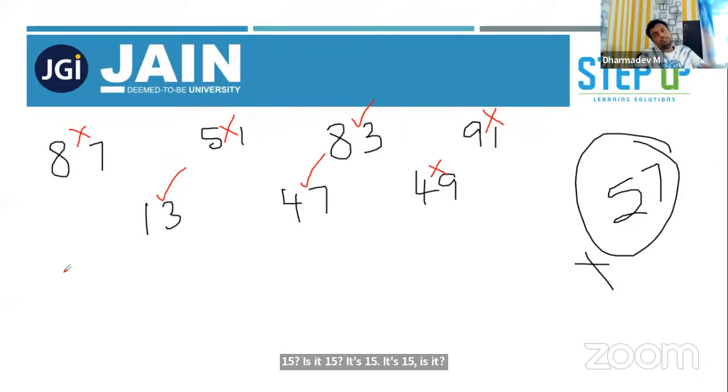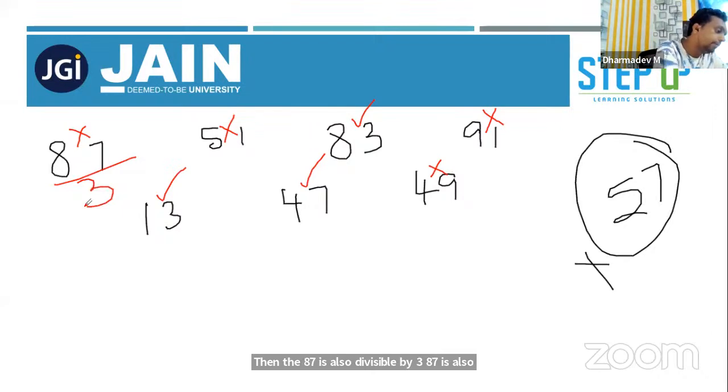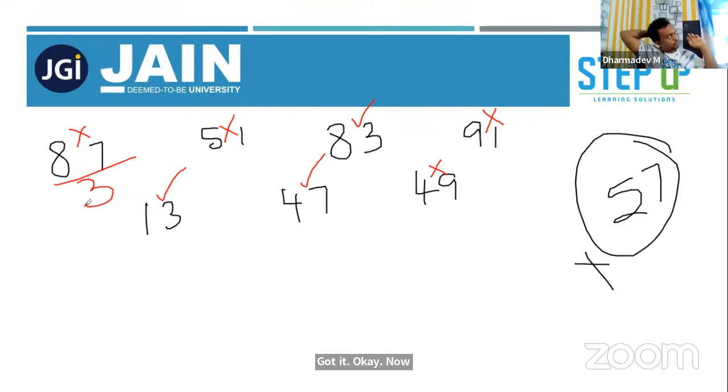Yes, 15 is divisible by 3. Then the number is divisible by 3, so it's not a prime number. Did you get it? Then 87 is also divisible by 3. Got it? Okay. Now 51.